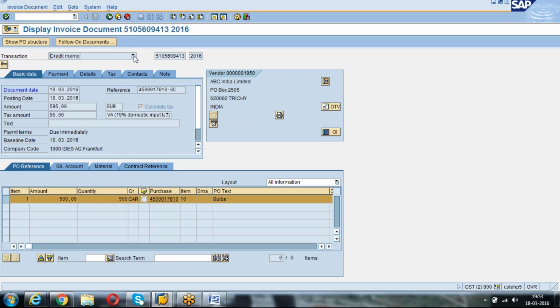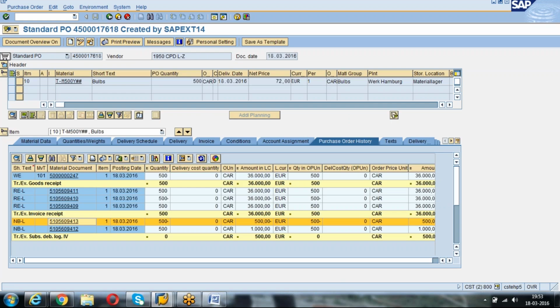Both are vendor account wise will behave the same. During credit memo and invoice verification, if you have done it in 2-way match directly, it will load against that material account. In case of goods receipt, the GRIR clearing account will be playing the role during invoice verification and credit memo. So you can see the overall sequence of what we have done.